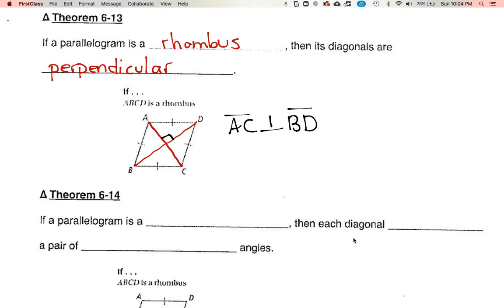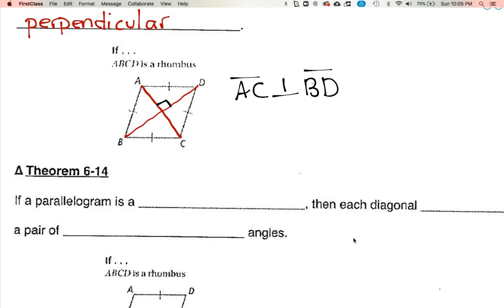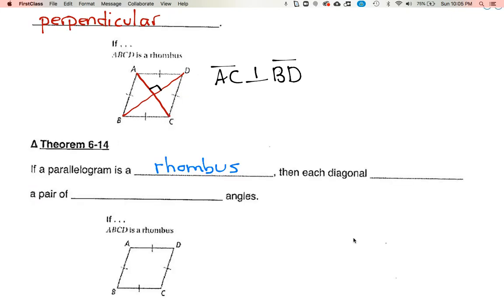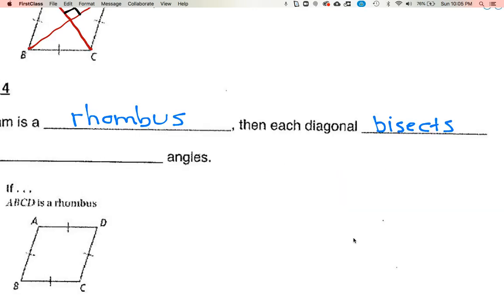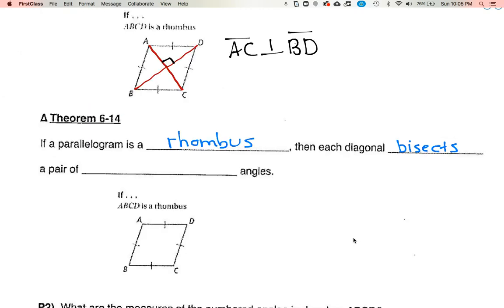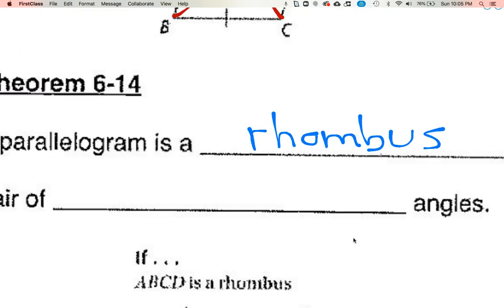Theorem 6.14: if a parallelogram is a rhombus, then each diagonal bisects a pair of opposite angles.